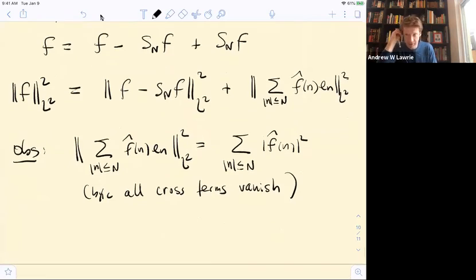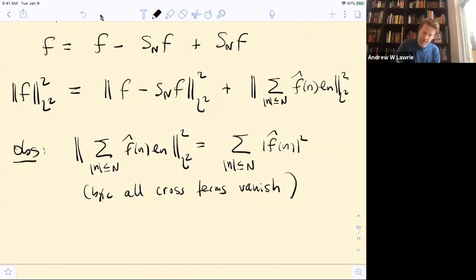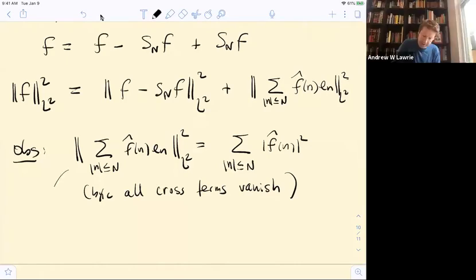Are people with me? Am I going a little bit too fast? Can you explain that cross terms thing a little bit slower? Yeah. So what's happening in this sum? What does this sum consist of?